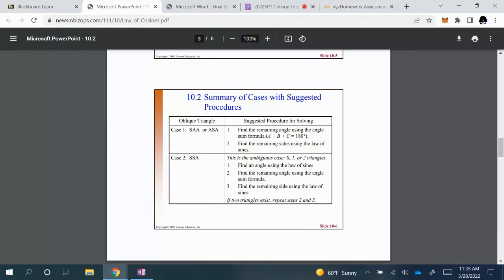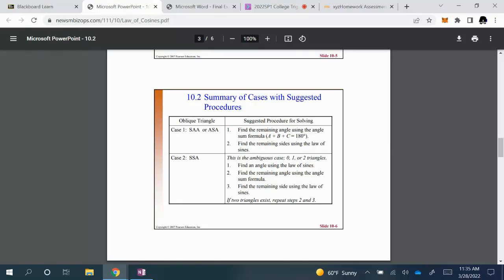But there may be some instances in which you may be asked to solve an oblique triangle. So here are some of the suggested procedures. They're not so much used for our course because they tell you what they want you to find, but just to be thorough, I must go through these suggested procedures.